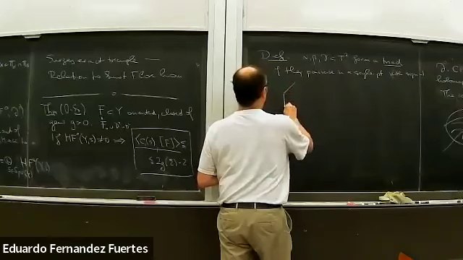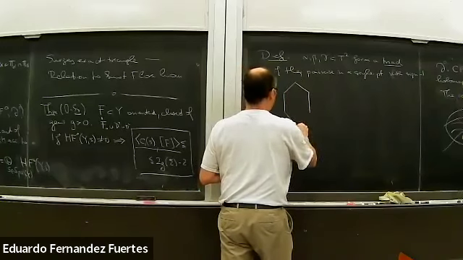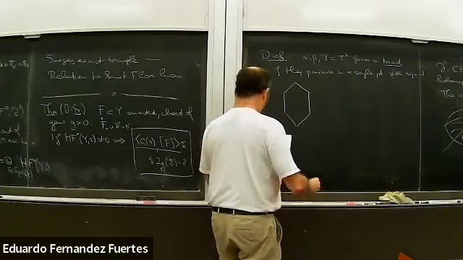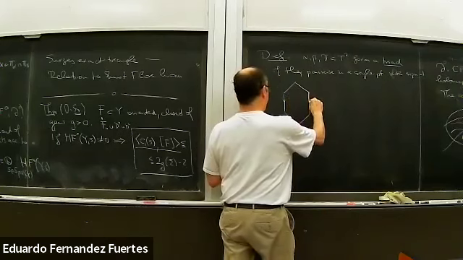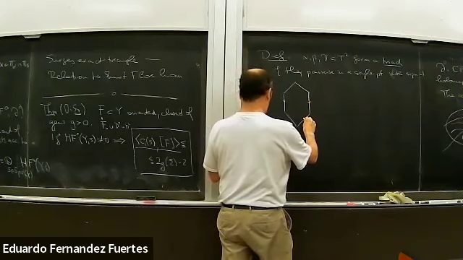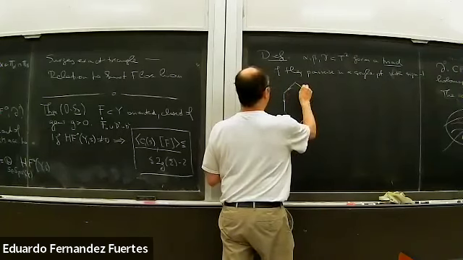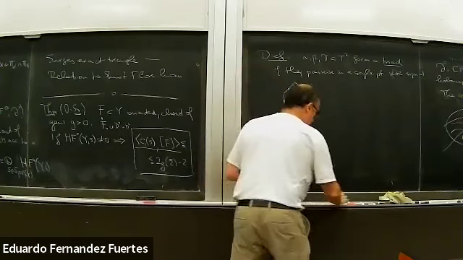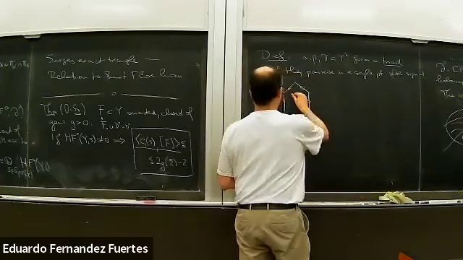So I will use this hexagon as the model for the torus. So this side is identified with this side, this is identified with this, and this is identified with that. And now I will try to use colors.